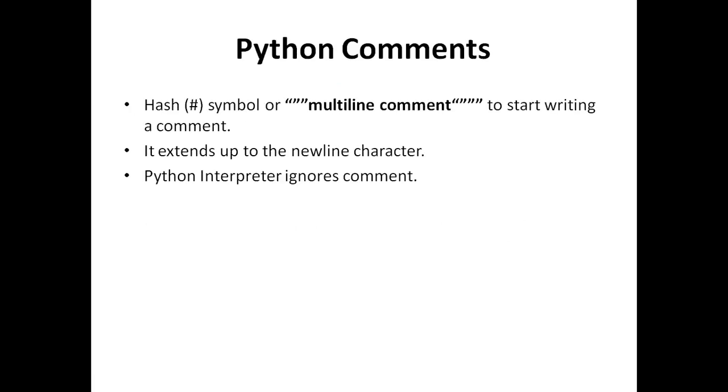Python comments. In Python, comments are generally written using the hash symbol, and hash is used for single line comments. So in the Python interpreter, if you write anything after the hash symbol, this will become a comment. So this line is a comment, and comments are ignored by the Python interpreter. If you want to write multi-line comments, you have to write triple quotes, and inside these triple quotes you can write your lines.